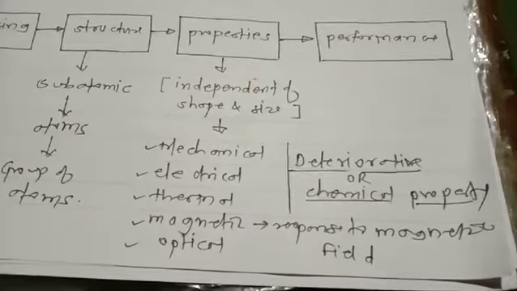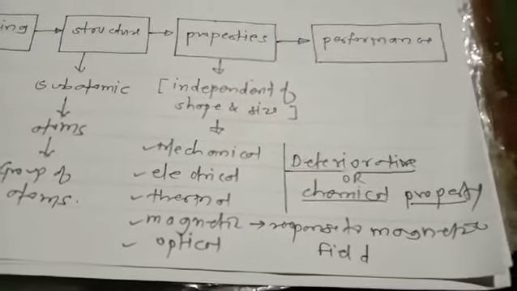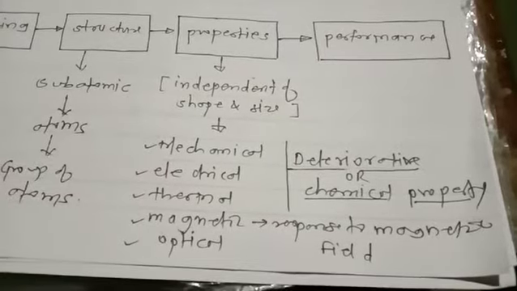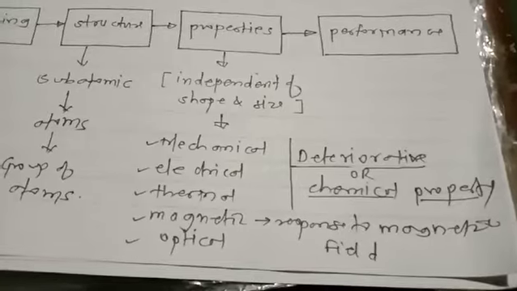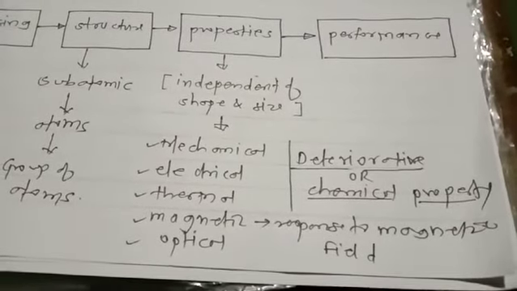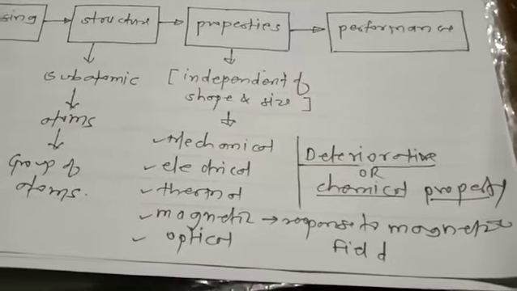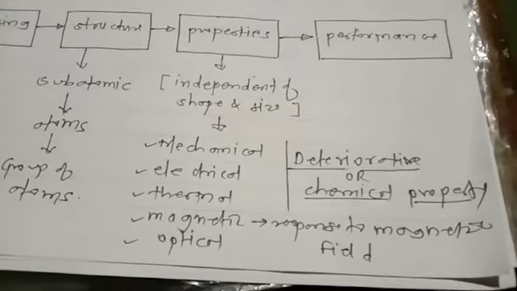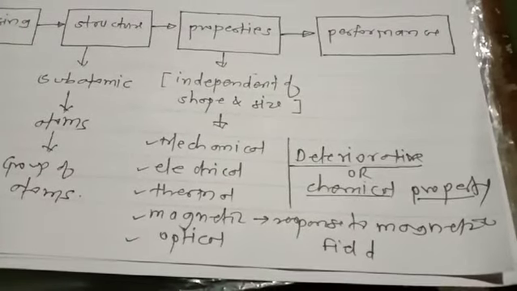Last one is deteriorative property, right? Nothing but a chemical property. Means if any material is exposed to the environment, then definitely there will be corrosion for the particular material, right? Means the material is sensitive to the environment, right?